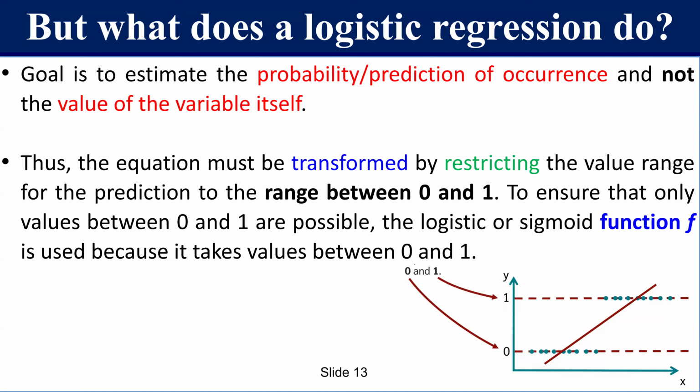What is a sigmoid function? A sigmoid function is also called S function. It is a function that is not in our area, it's in a different area of mathematics, which allows you to fit something that is always between 0 and 1. Something that is happening or not happening.